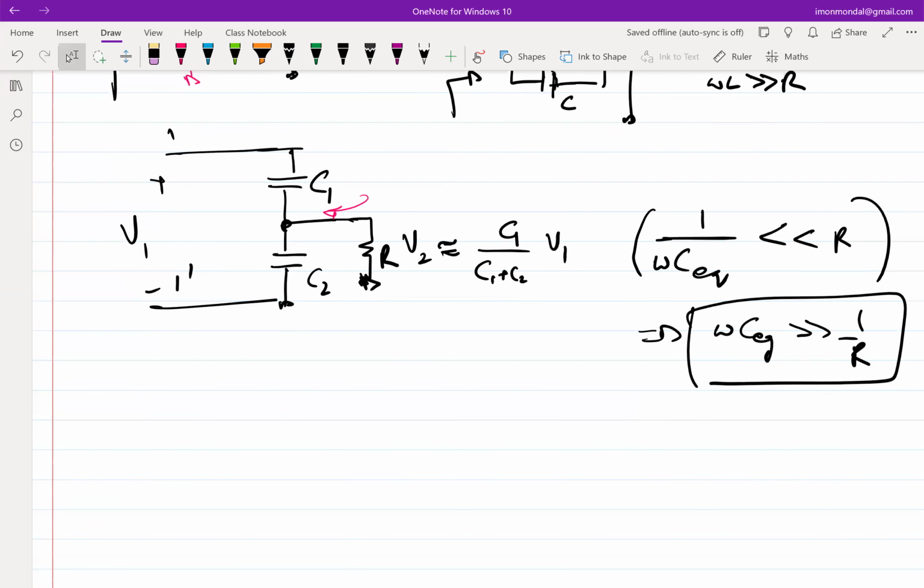So without getting into the math of it again, now you know this effectively looks like a turns ratio.